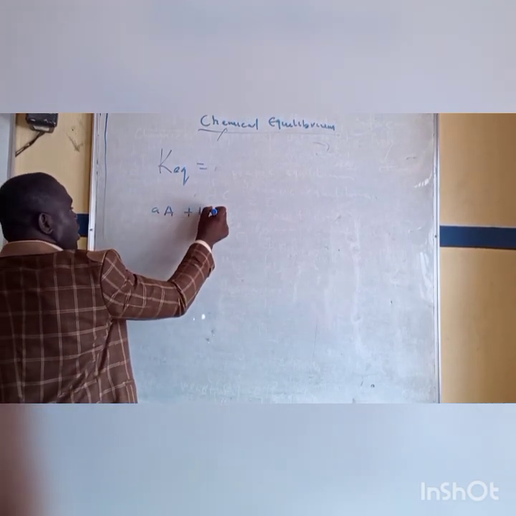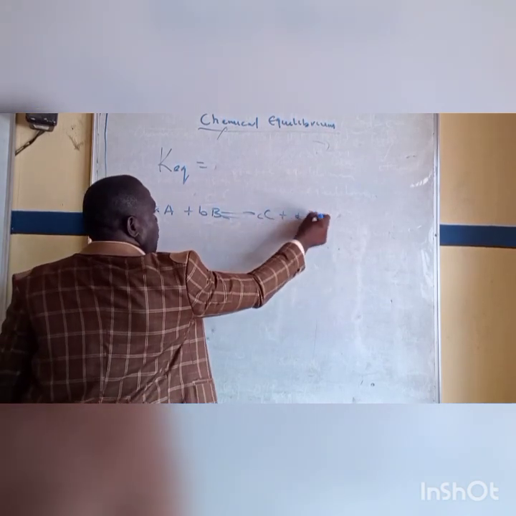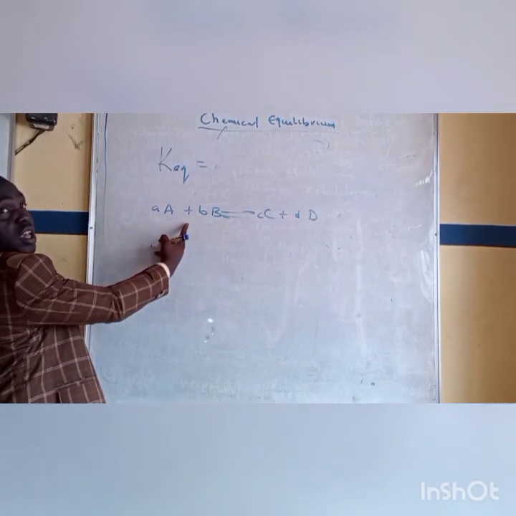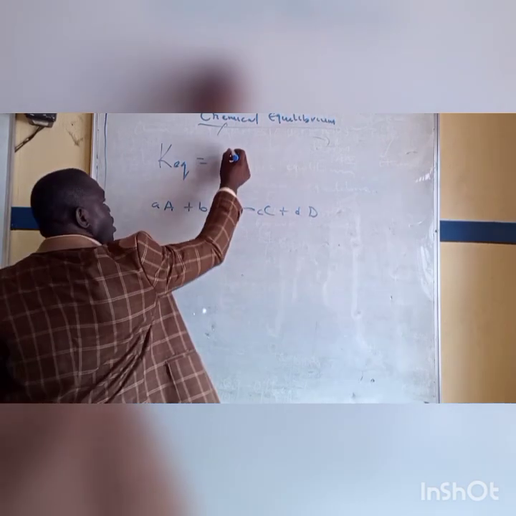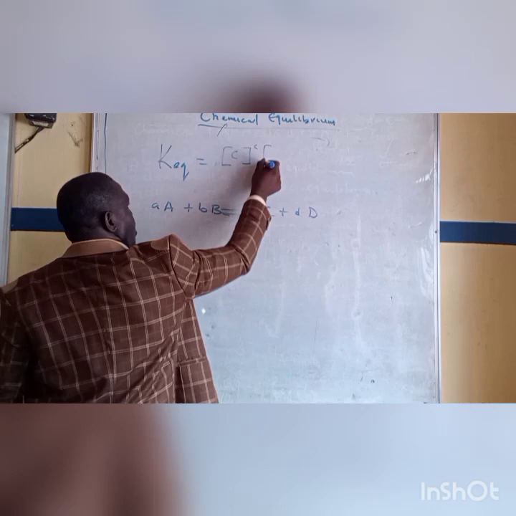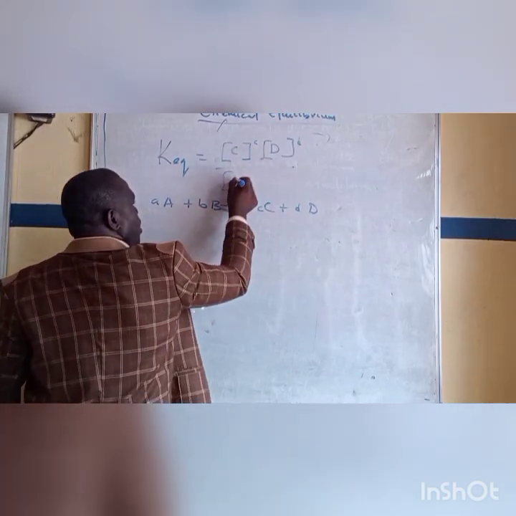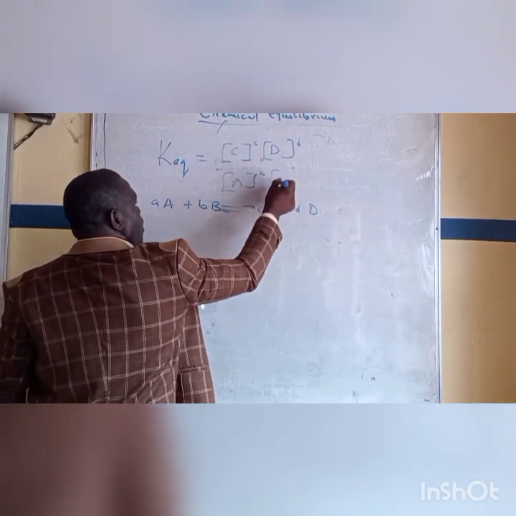How do I express equilibrium constants in this way? We have C, and then you have D. This is A.